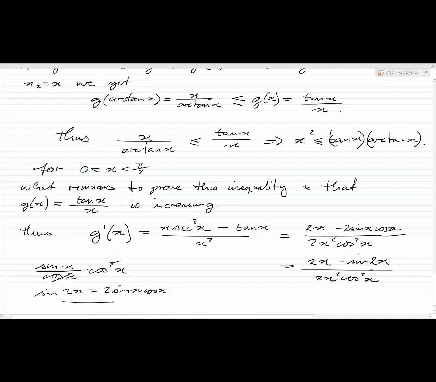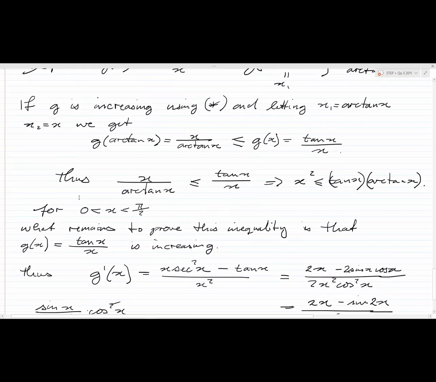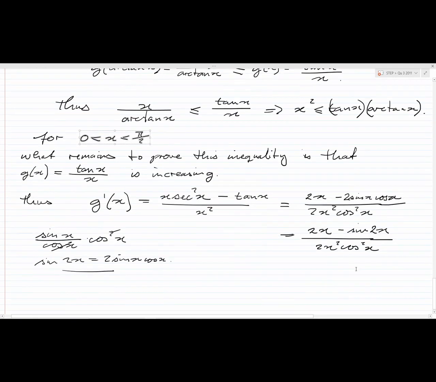Great. Well, the bottom part is positive. Indeed, it's greater than 0 because of our inequality here, which is strict. So therefore, this is no problem. So therefore, since 2x squared cos squared x is greater than 0 for 0 less than x less than pi by 2, we investigate the top, the numerator.